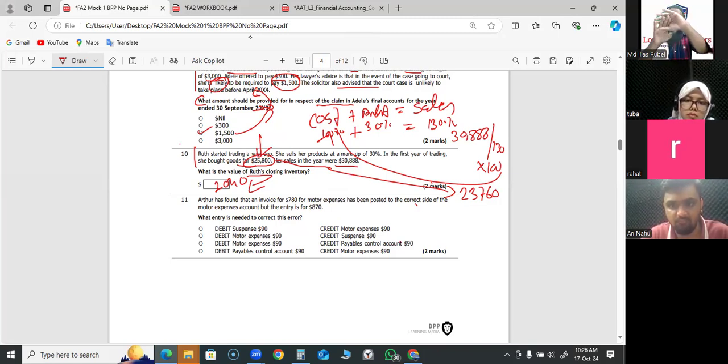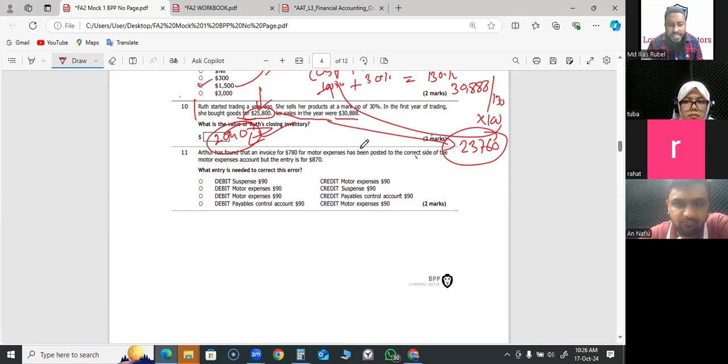Out of the 500, I sold 450 items, not the price. 50 are left over. What is the value of that 50 left over? It is 2,040. I bought worth 25,800 and sold worth 23,760, so what is left is 2,040. That's how you have to do it.